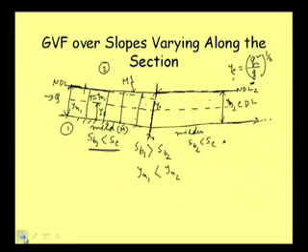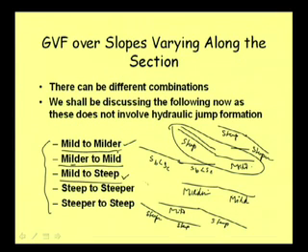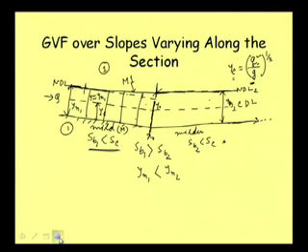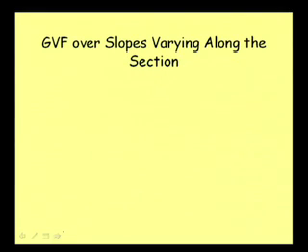Now let me discuss another case. We have discussed three, then we need to discuss steep to steeper. Say this slope is a steep slope, and then it is going further steeper.